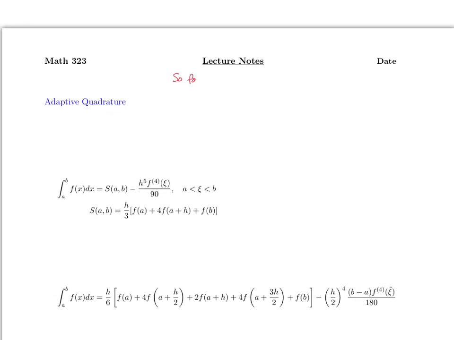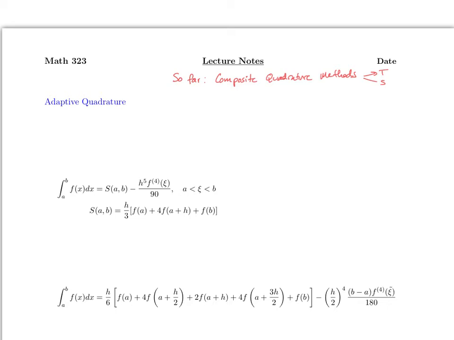So far, all we did was technically composite quadrature methods, which includes the trapezoid and includes Simpson.